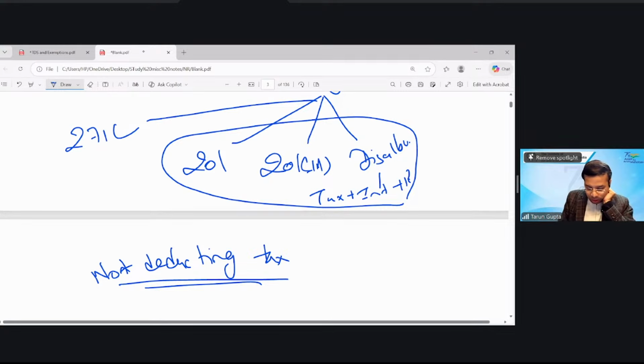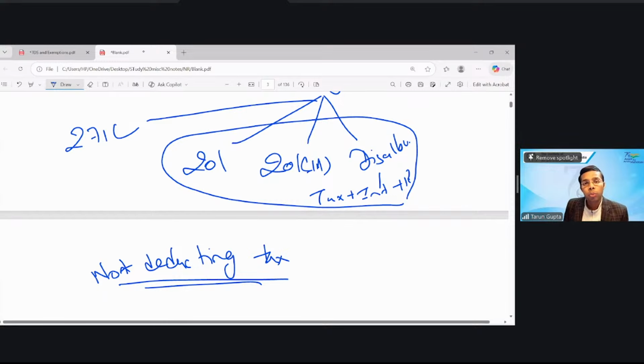This is a recovery provision. The government should collect it. I am only benefiting the government by acting as its agent. And if I don't do my responsibility, you punish me more harshly than the person who has actually shown a bogus expense.